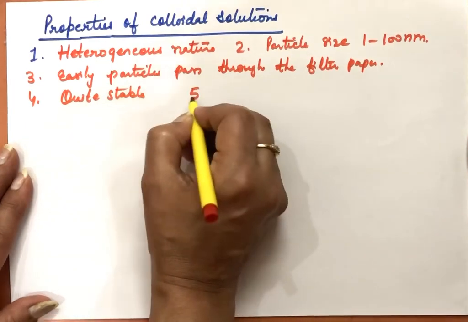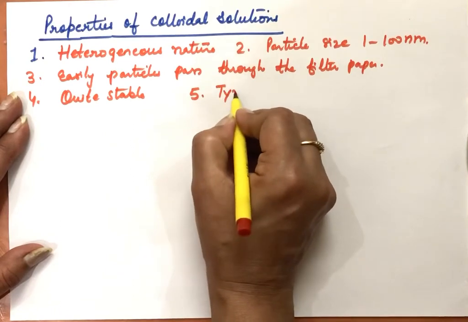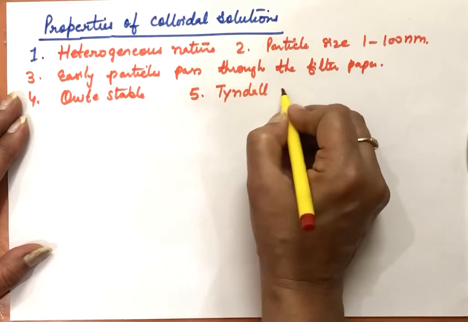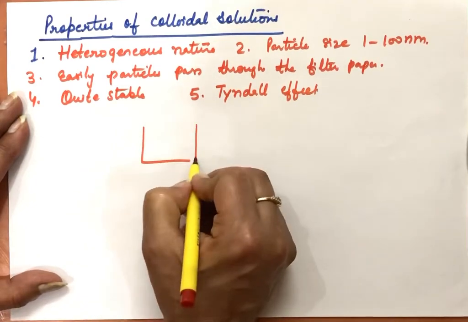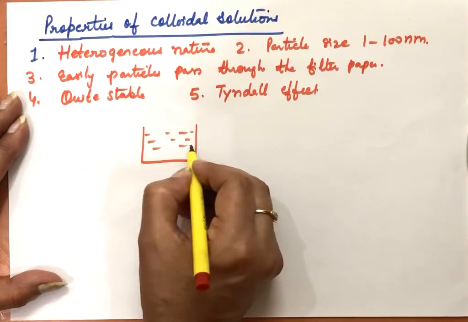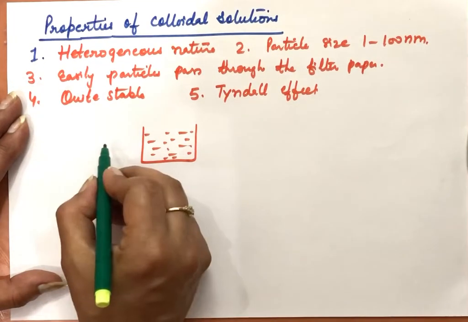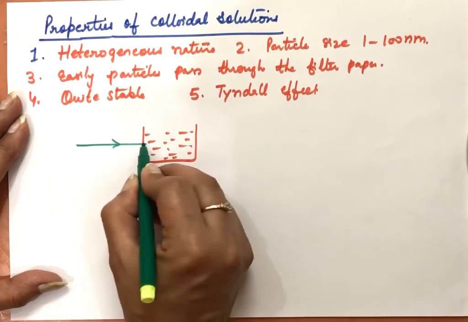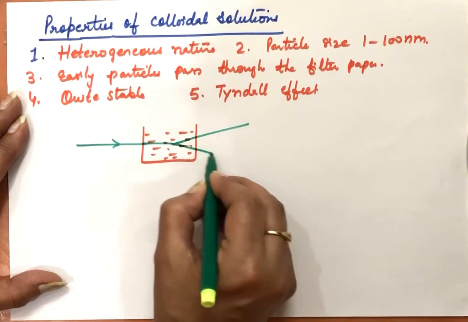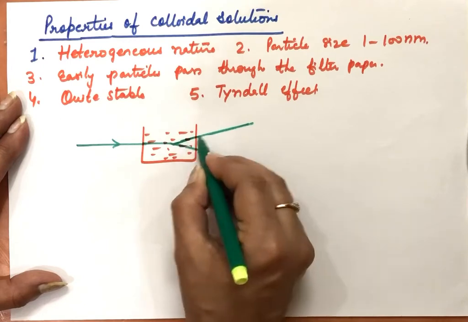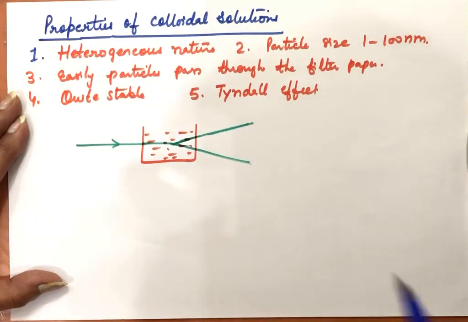But a very important property shown by the colloidal solution is the Tyndall effect. What is the Tyndall effect? When we take a colloidal solution, place it in a dark room and throw a light on it, the light, when it passes through the solution, will scatter, and this cone which is formed will get illuminated with which color?